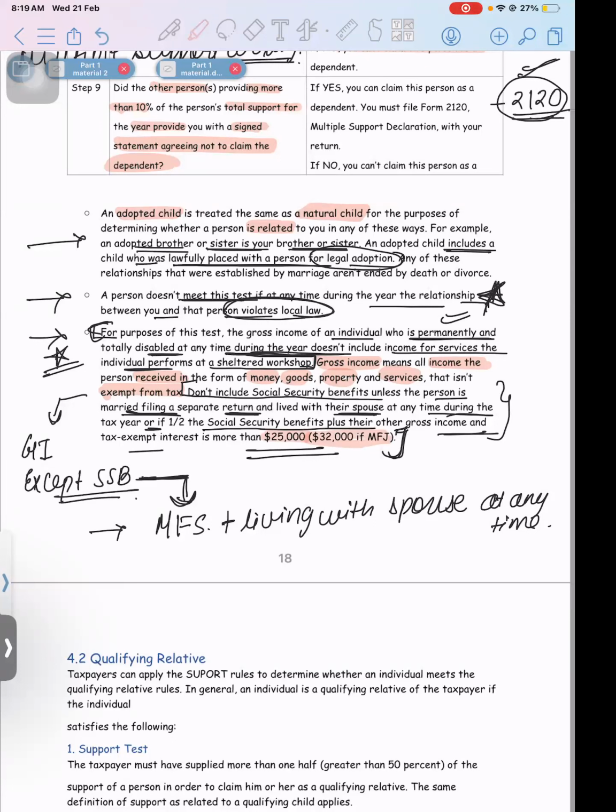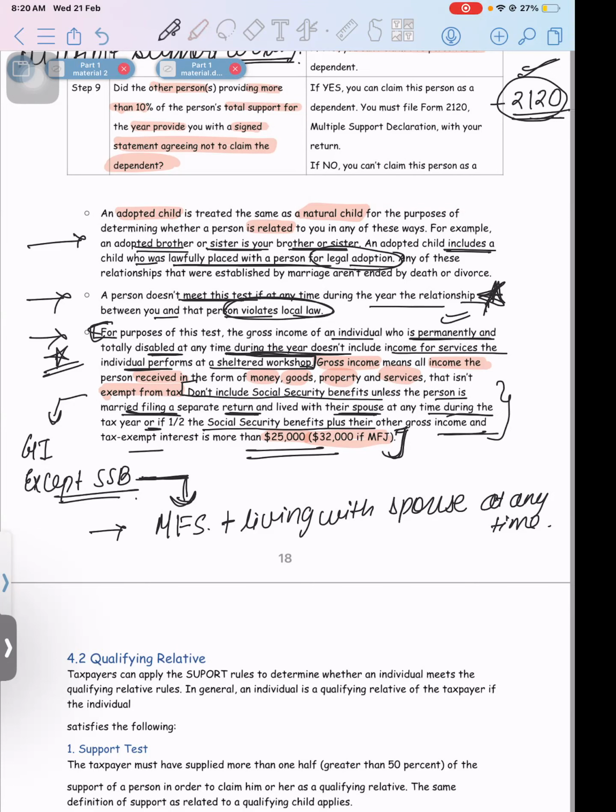You just need to remember that if in the question paper a list of incomes is given, and they also give social security benefit, all the incomes will be given and you have to calculate it properly.